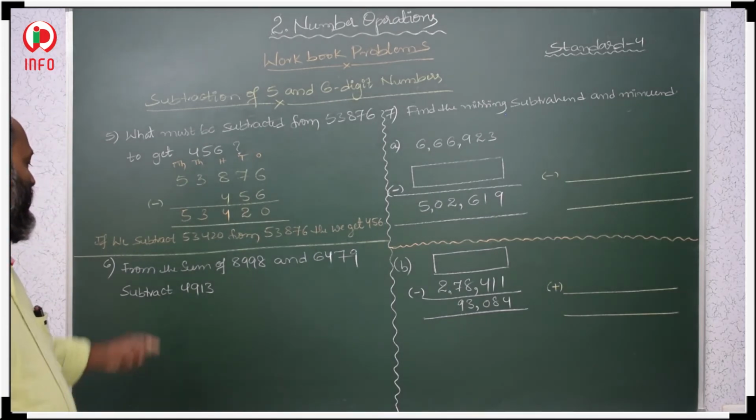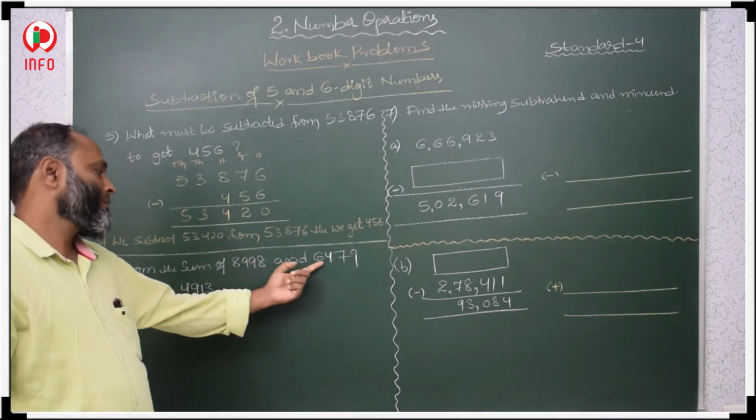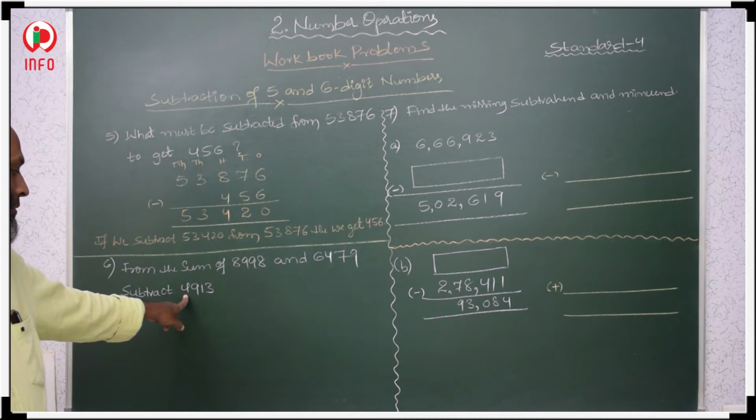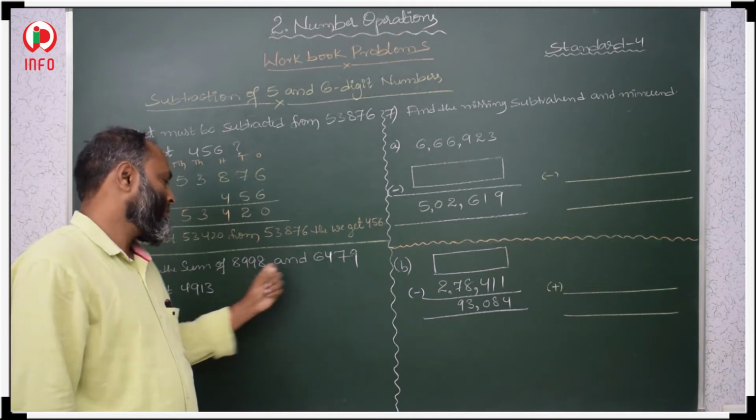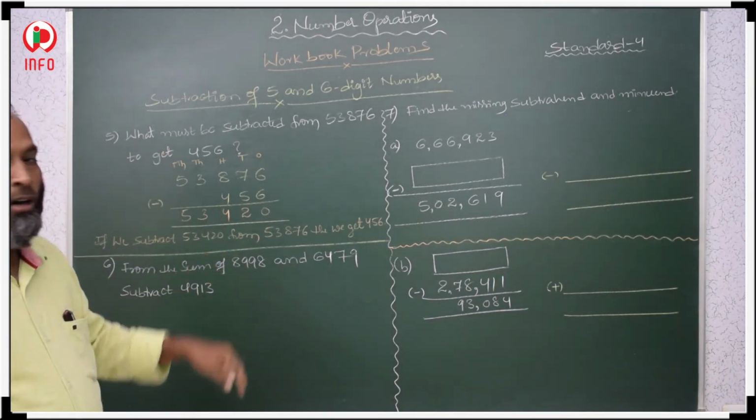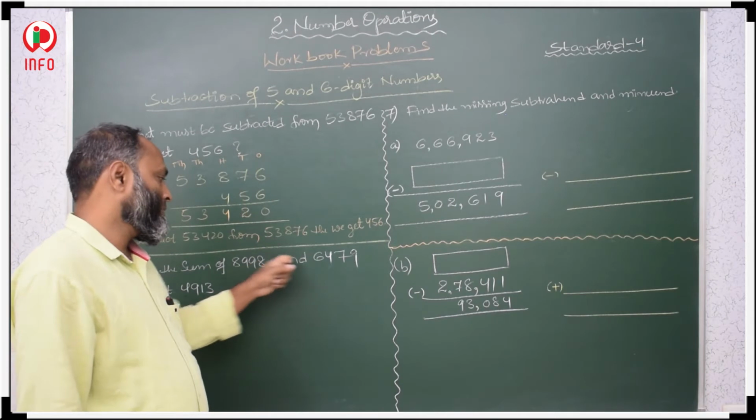Next, from the sum of these two, subtract 4,913. First we have to add these two. From the sum means we have to add these two.